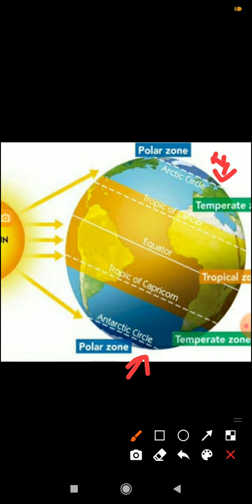Why is it so? It is because the sun rays are always very slanting, which provide very less heat to these regions. So the temperature here is freezing. F is for freezing and F is for frigid. Hence, we will say that in the frigid zone, it is freezing cold.